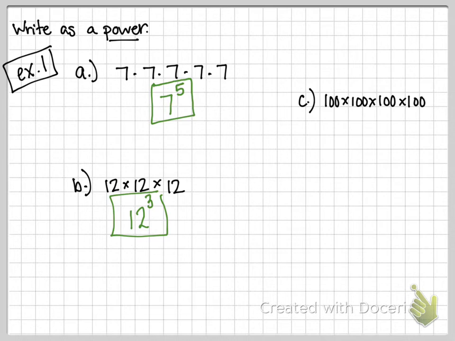Notice your base, then notice how many times you're multiplying it by itself. Modibo, what'd you get? 100 to the 4th power. Perfect. 100 to the 4th power is your power. Very good.